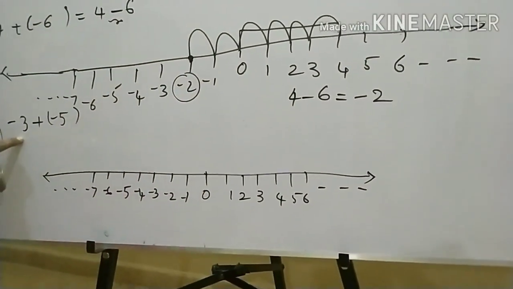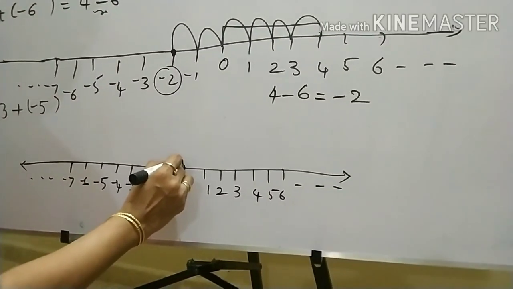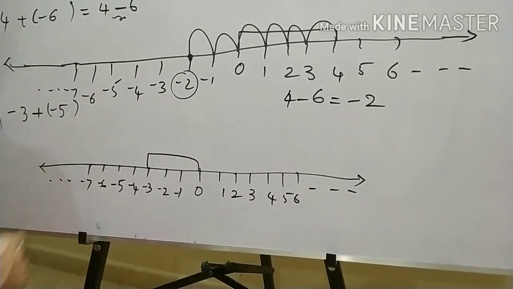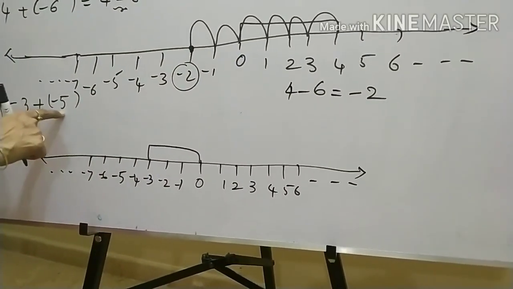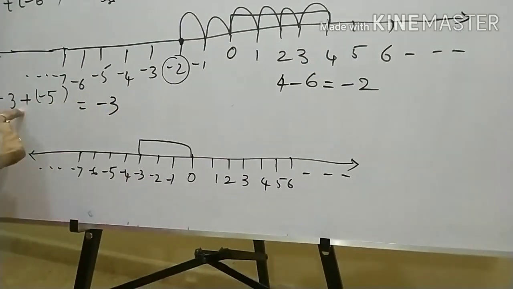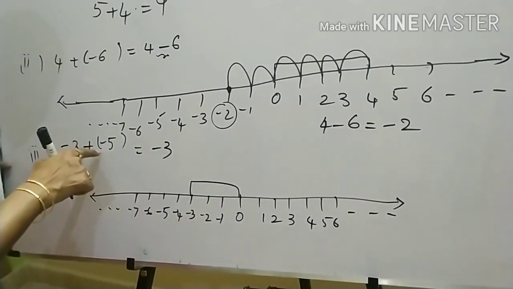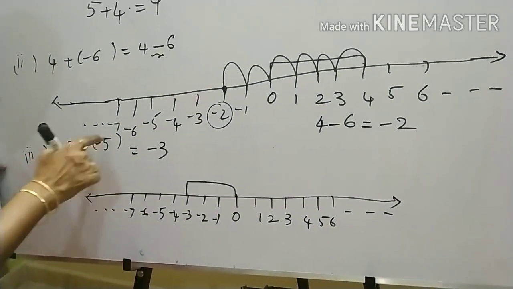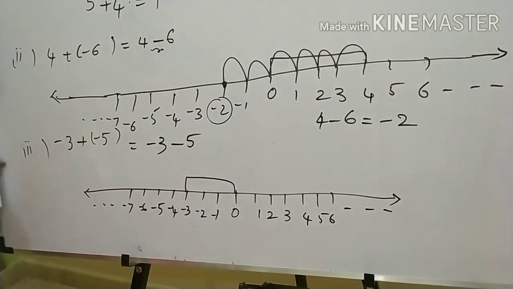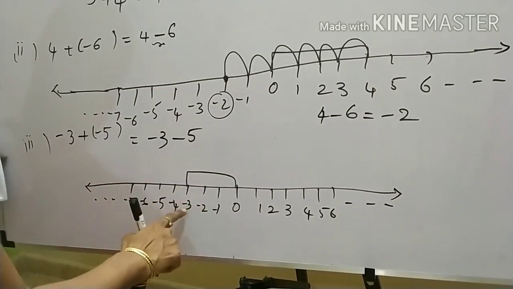Where do we have to go first? Minus 3. Where is minus 3? Here. So in our problem we have brackets here also, right? So remove those brackets first. The first number as it is. After that, applying my plus here, I am removing brackets, so plus into minus, minus 5. Okay. So first we are moving towards minus 3, the first number, 0 to minus 3.